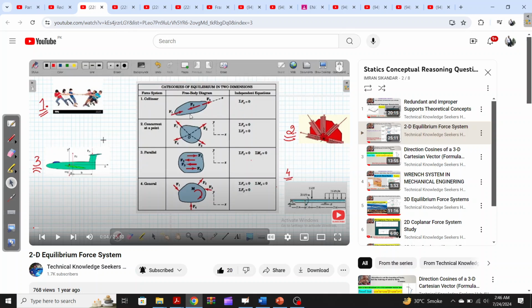So you can just draw these sketches, 1, 2, 3, 4: whichever he asks, collinear, concurrent, parallel, or general. The general figure shows the force system and the moment system, and in the other three, just the forces are shown in accordance with the type of force system. You can just follow this.